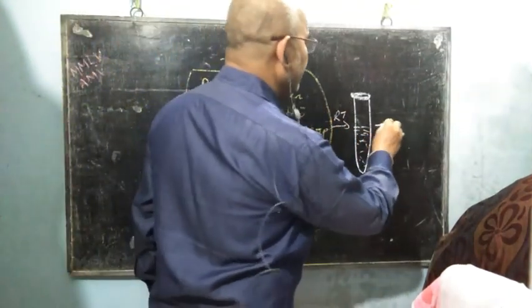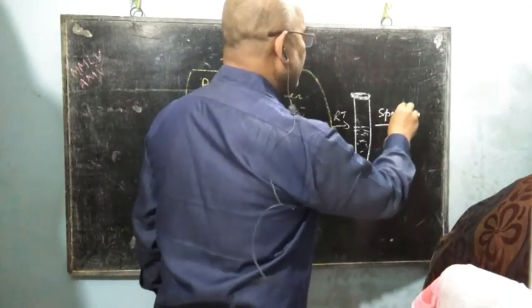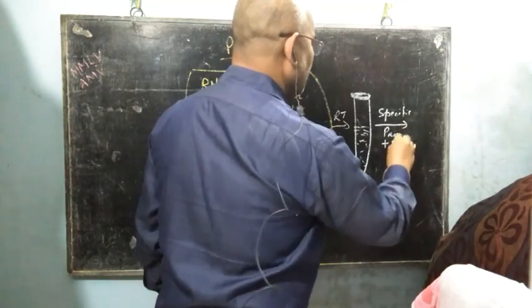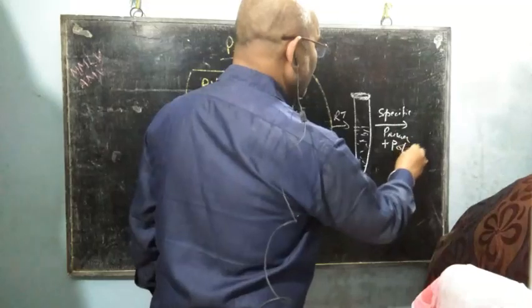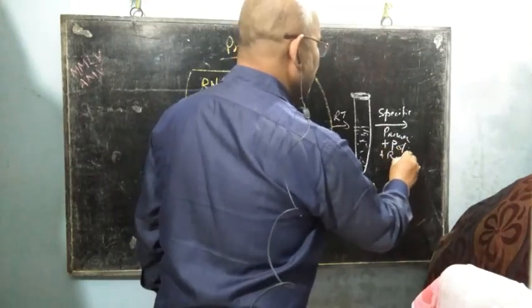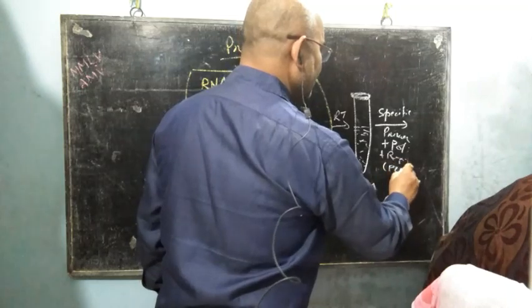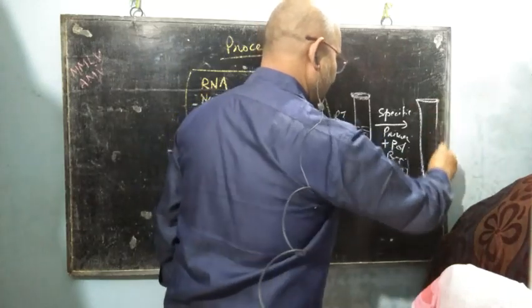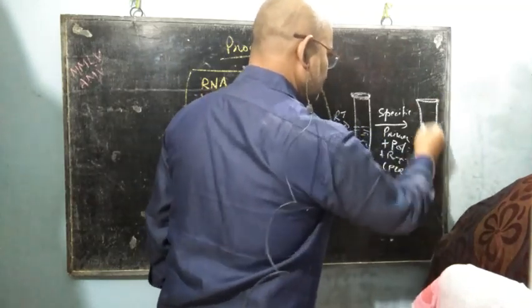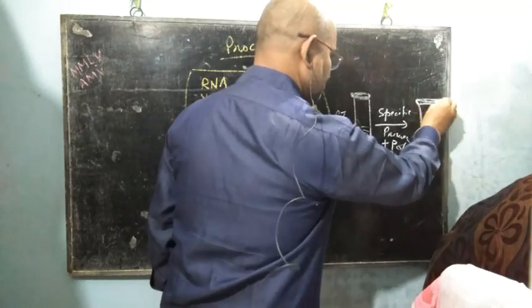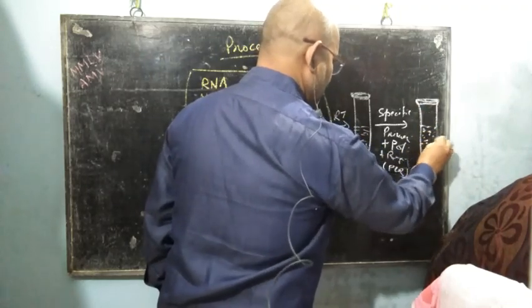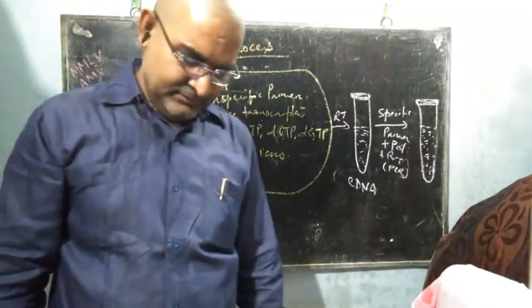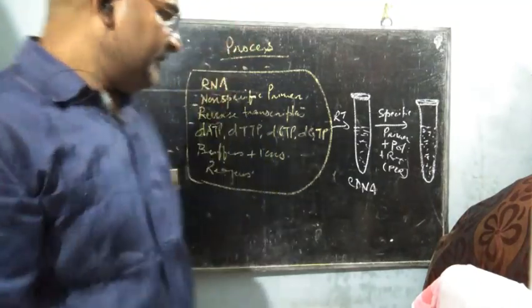Now after the complementary DNA, we use the specific primer plus polymerase plus other reagents required for the PCR, and now it is responsible for the synthesis of large number of the DNA which we require for the study.